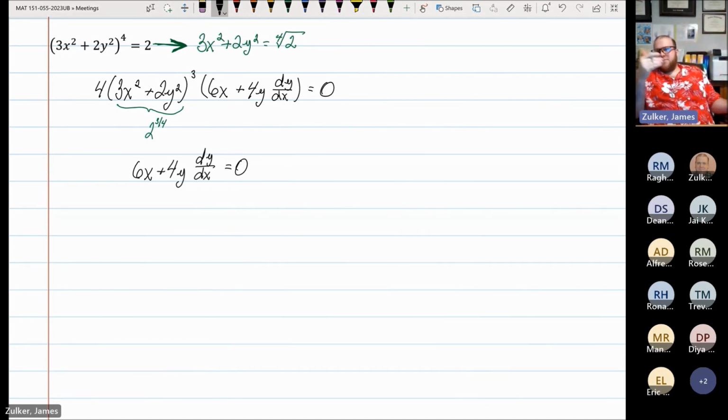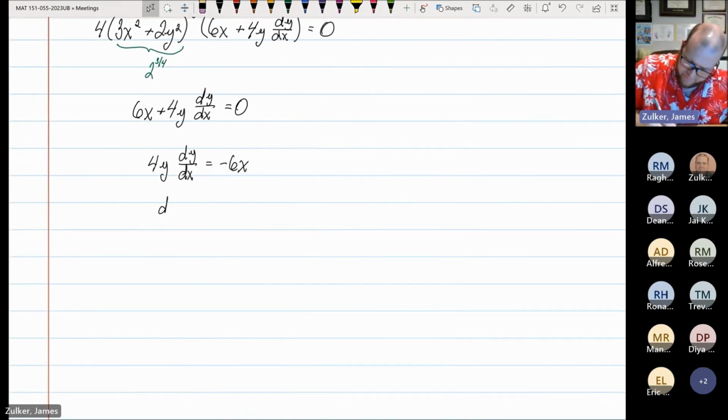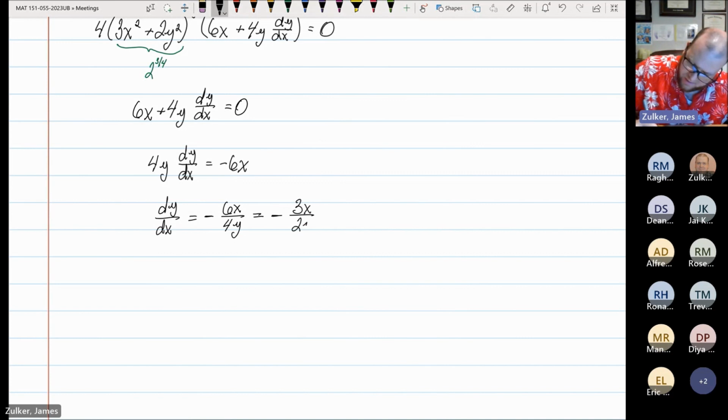It's non-zero, so we can divide by it. Subtract 6x. Divide by 4y. We get negative 3x over 2y.